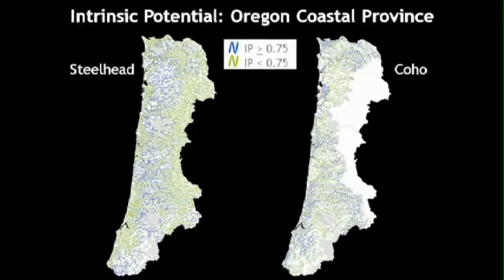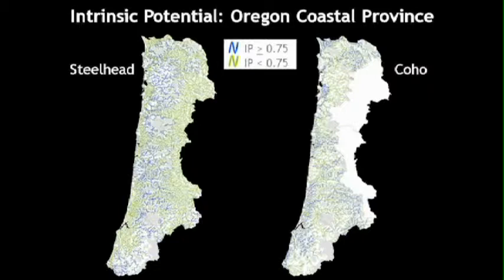Intrinsic potential models have been developed for a variety of salmon species and applied from Alaska all the way down in coastal areas into California. This is just an example of the intrinsic potential models for steelhead and coho salmon, mapped over 96,000 kilometers of stream in the Oregon coastal province. The distribution of high intrinsic potential differs between these two species.